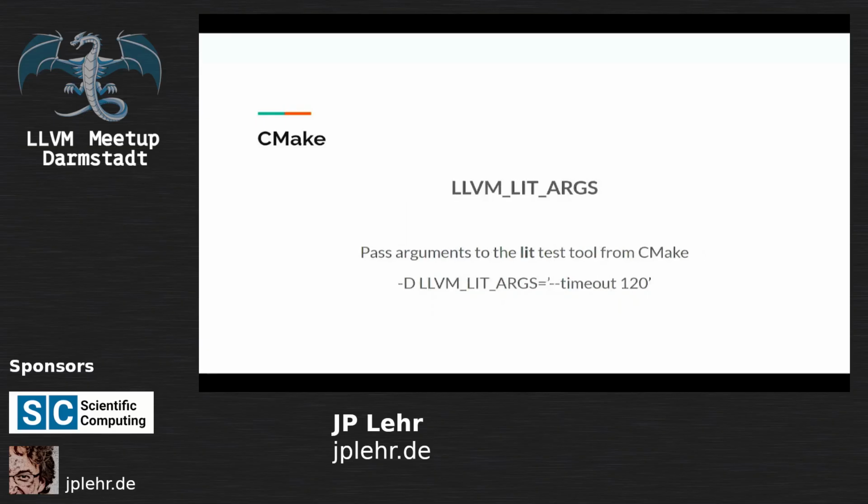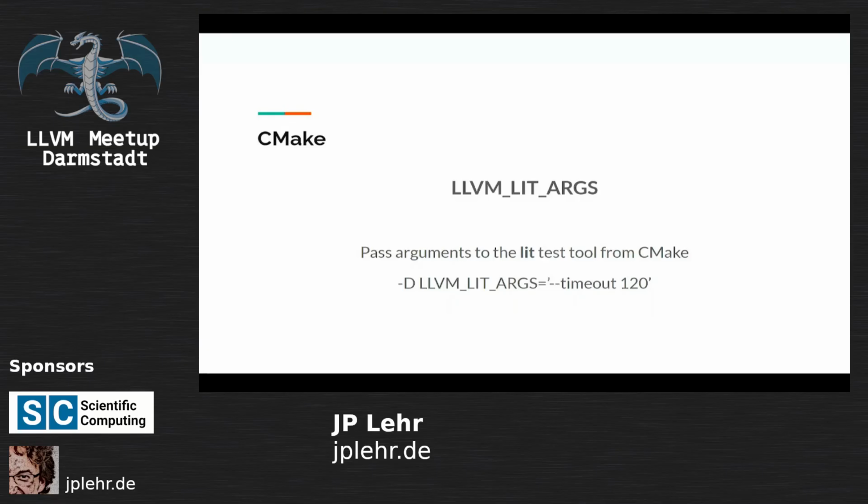Then something that I only encountered when I inherited the build bots is that you can pass lit arguments already during CMake time. So they will be automatically passed on whenever you run lit tests.